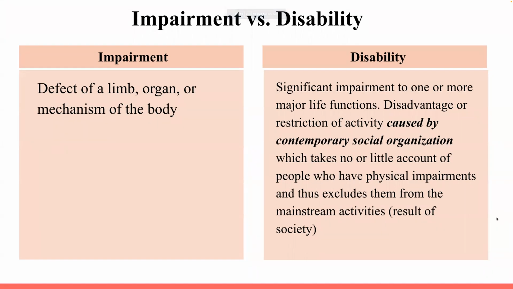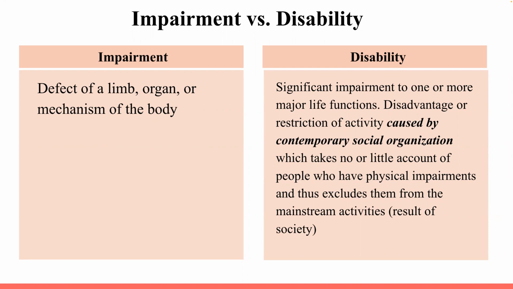impairment versus disability. So impairment is a defect of a limb, organ or mechanism of the body, whereas disability is disadvantages or restrictions of an activity that's caused by contemporary social organizations, which take no or little account of people who have physical impairments, so they get excluded from society.